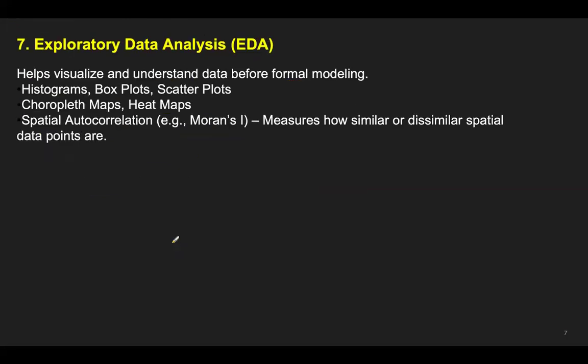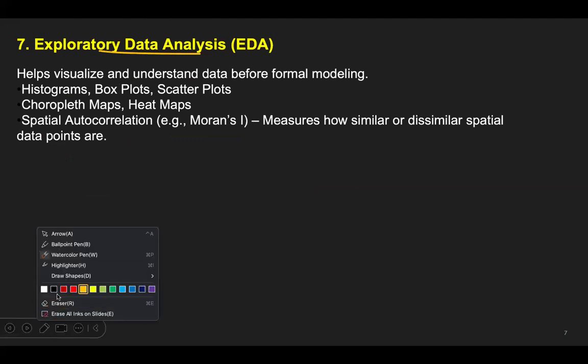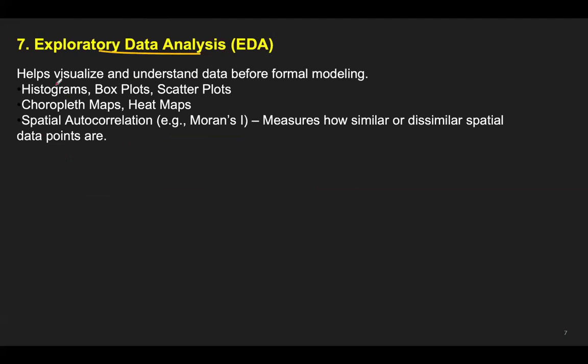And the last is exploratory data analysis. In this, we visualize and understand data before modeling so that we can clean the data, and then we explore the data. We plot the data on histograms, box plots, scatter plots, and heat maps.